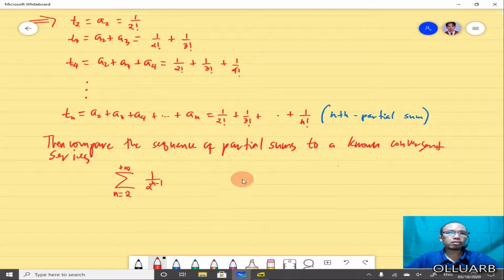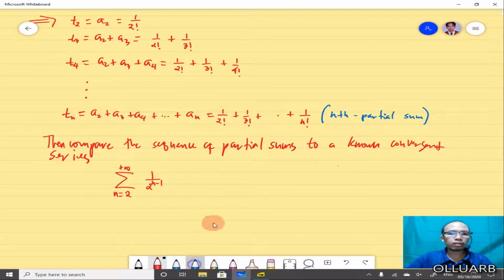Why this series? This is because the terms of this series, compared to the terms of the sequence of partial sums, are greater than or equal to these terms of the sequence of partial sums.